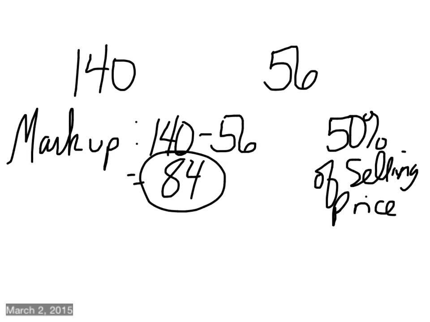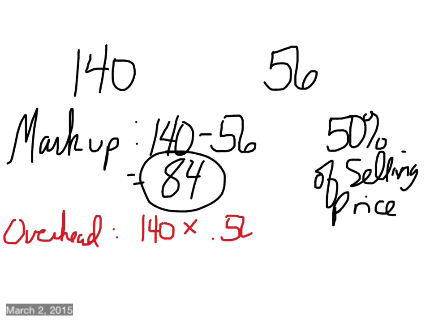The second one talks about finding the overhead, and the overhead says that it's 50% of the selling price. What was the selling price again? 140. So to figure out the overhead, we're going to take 140 and multiply it by the 50%.